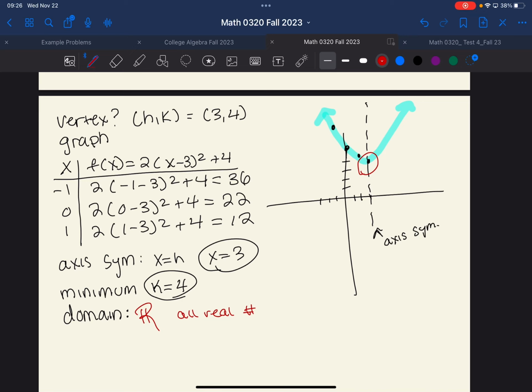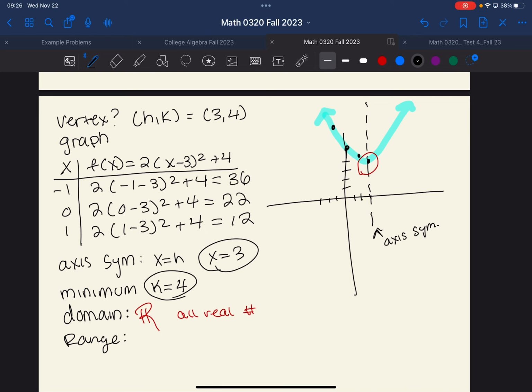And then lastly, when we find our range, it is always going to have that minimum value in it. So in this case, what was our minimum value? 4. And is our graph pointing up or down? Up. So is it going towards infinity or negative infinity?